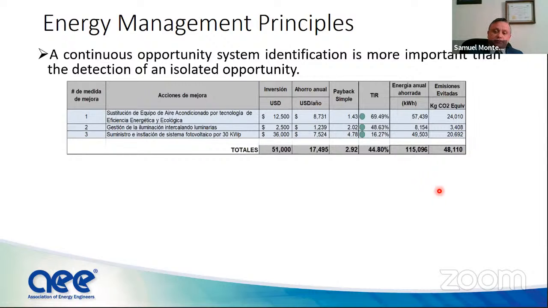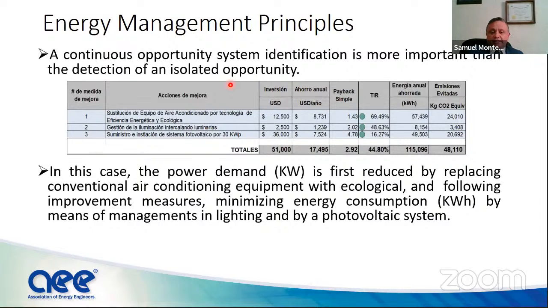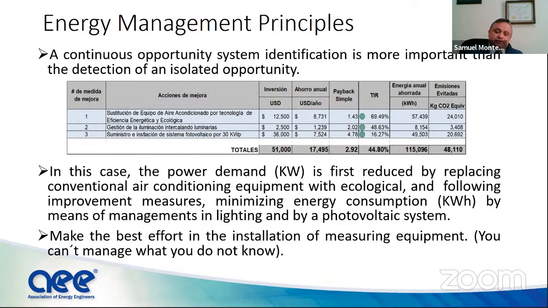First, the power demand is reduced by replacing conventional air conditioning equipment with ecological and efficient ones, and following improving measures, minimize energy consumption in kilowatt hours by means of management in lighting and by a photovoltaic system.